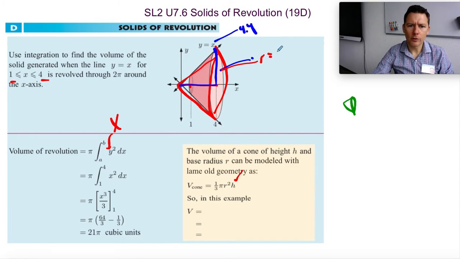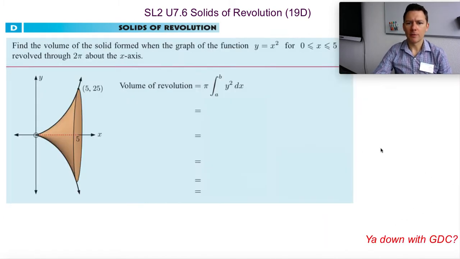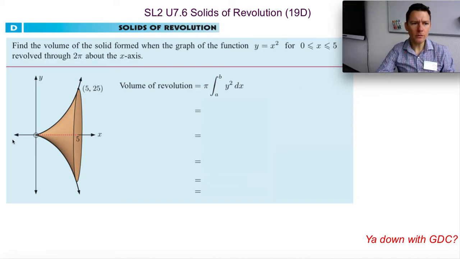So r equals 4. Radius of the small cone is going to be 1. R equals 1. And then the heights are there too, 4 and 1. There's that piece, and then as you crush that, wow, guess what? 21 pi. Neat.